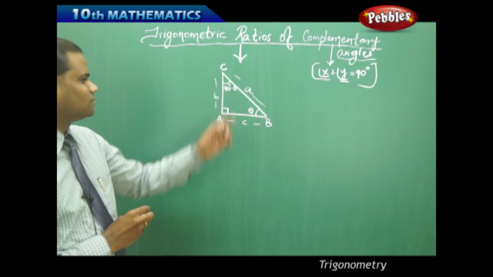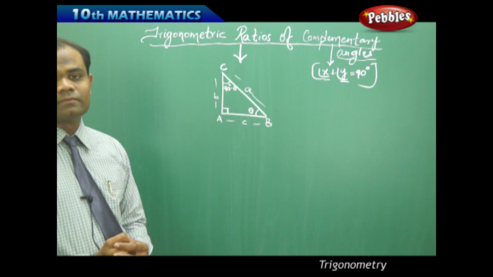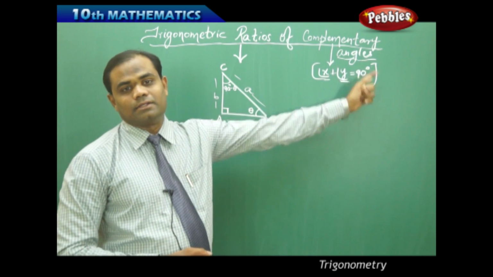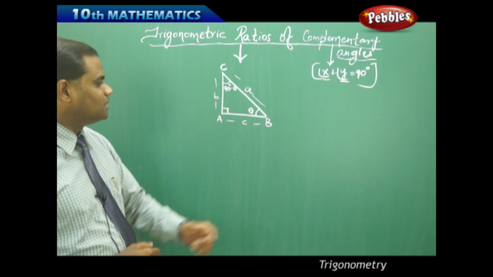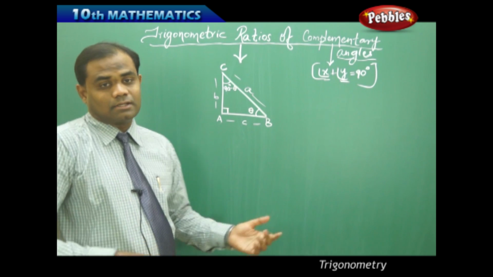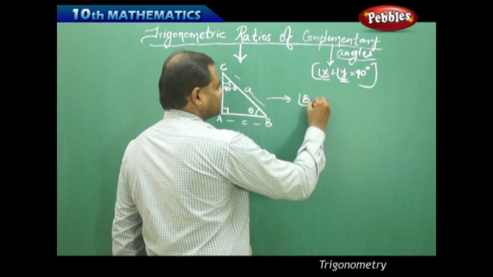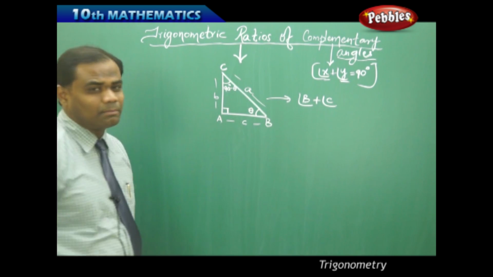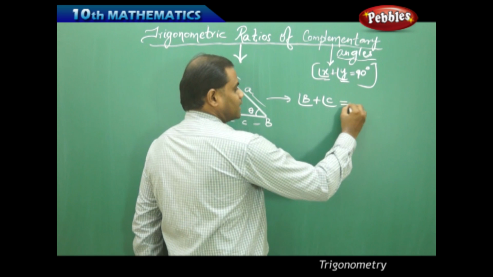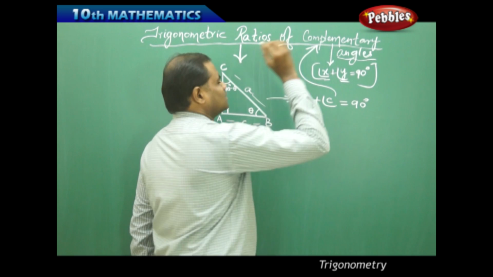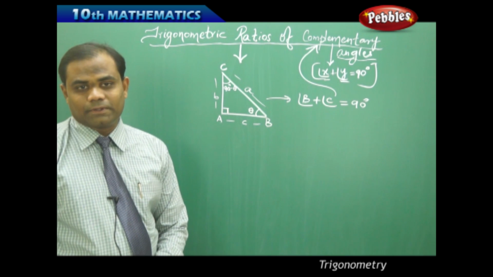Now this is what makes the definition of complementary angles, because when I sum up angle B plus angle C, I get 90 degrees, and hence this property is nothing but the complementary angle property.